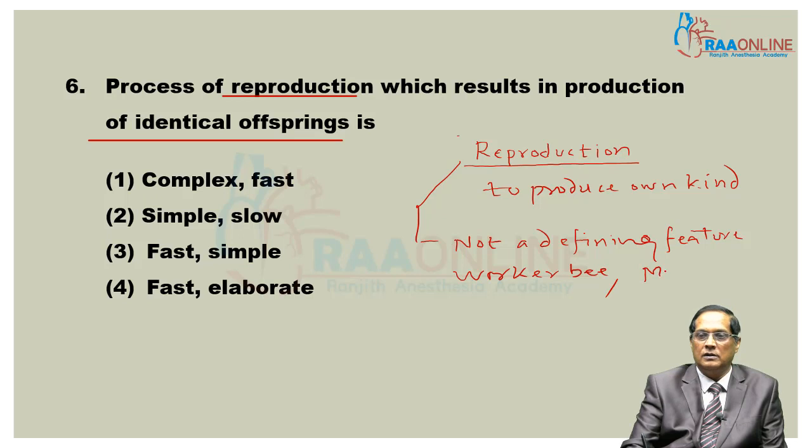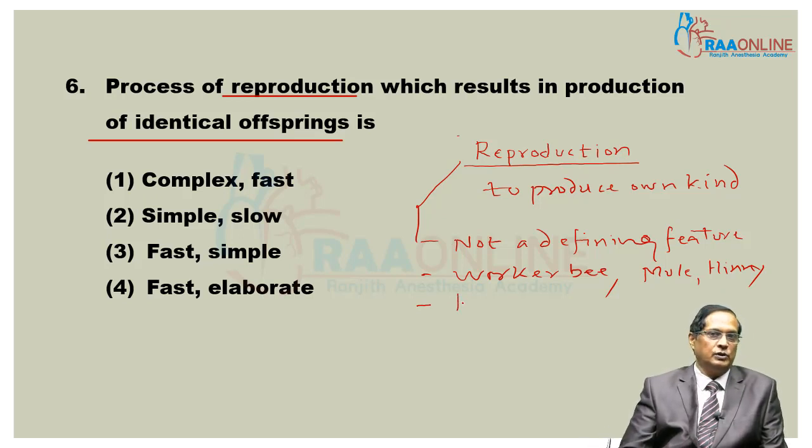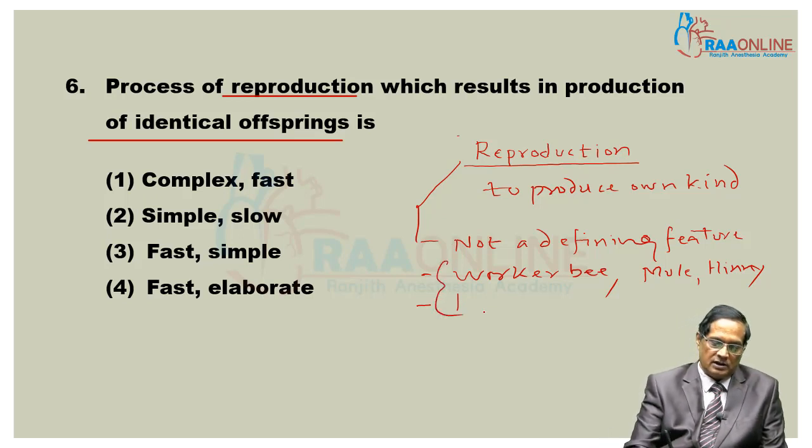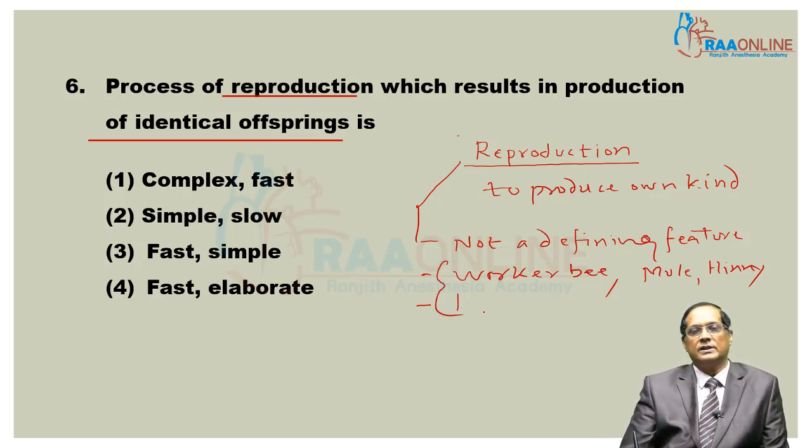Then the mule is a sterile hybrid. Then the hinny, again a sterile hybrid. Then a human couple with no child. There are some human beings who don't have children. So there are several exceptions. That's why reproduction can't be considered a defining feature.